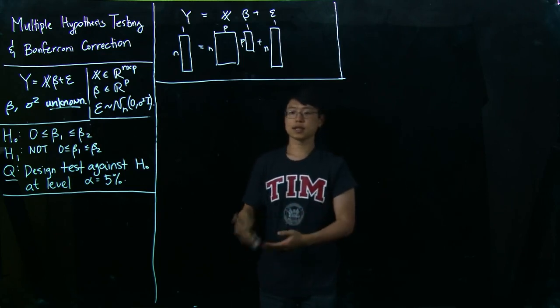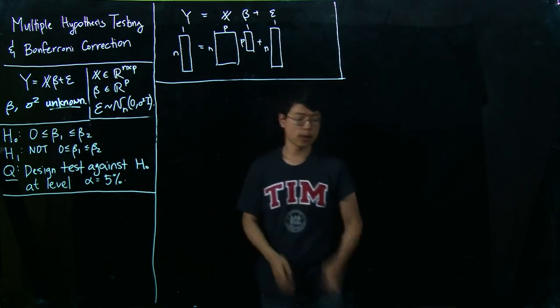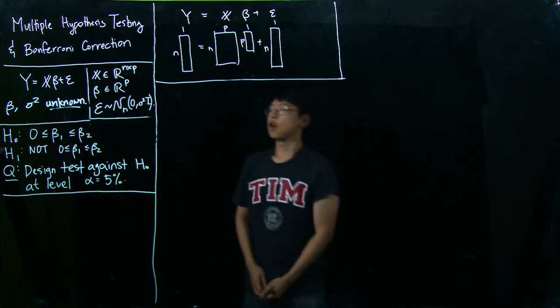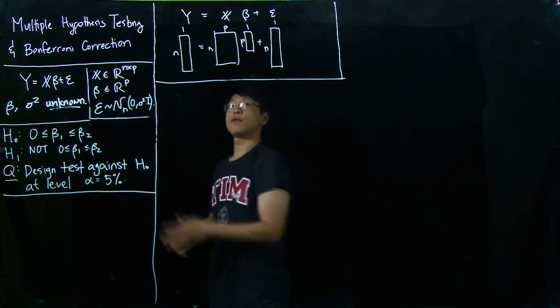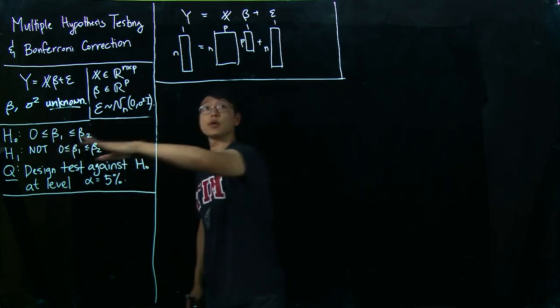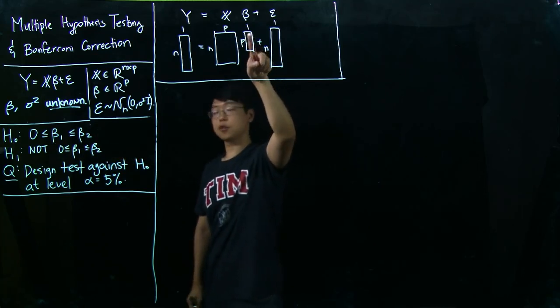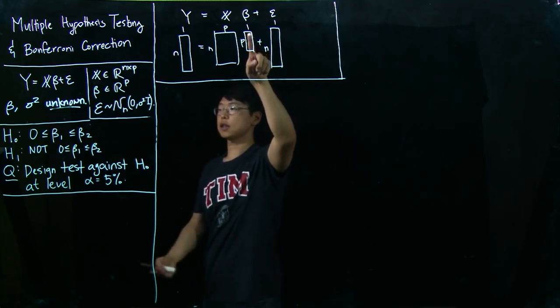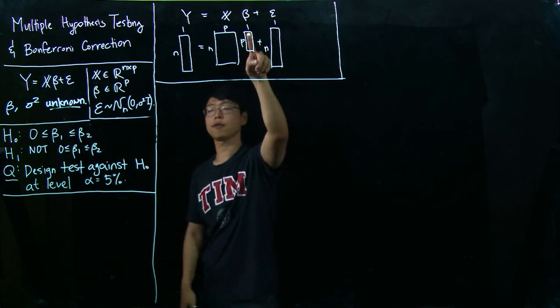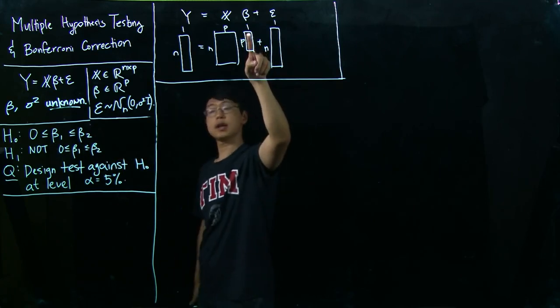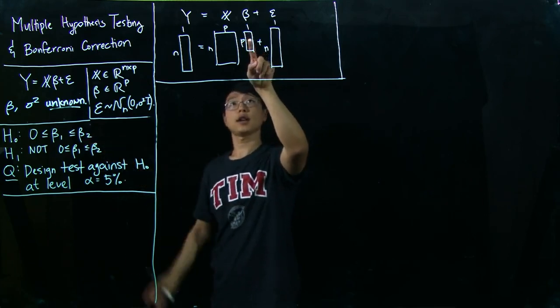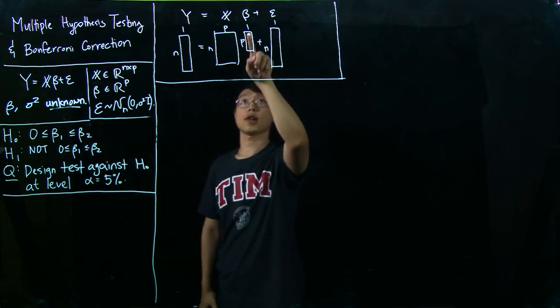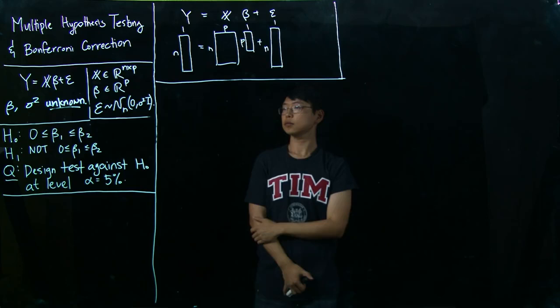Okay, so in what sense is this a multiple hypothesis testing scenario? One way to look at this is to read this as the following statement. So this tells us something interesting about our unknown parameter beta. It tells us that beta 1, the first component of our parameter vector, is non-negative, and that beta 2, the second component, is at least as large as the first component.